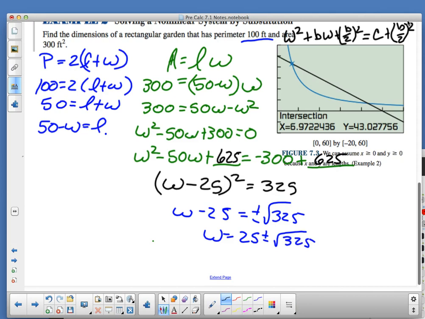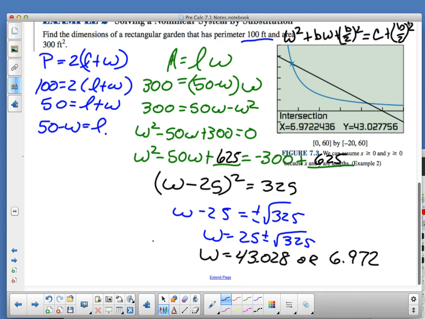So I take my calculator out, and I did this beforehand, and my possibilities for W as I do this are 43.028, or 6.972.